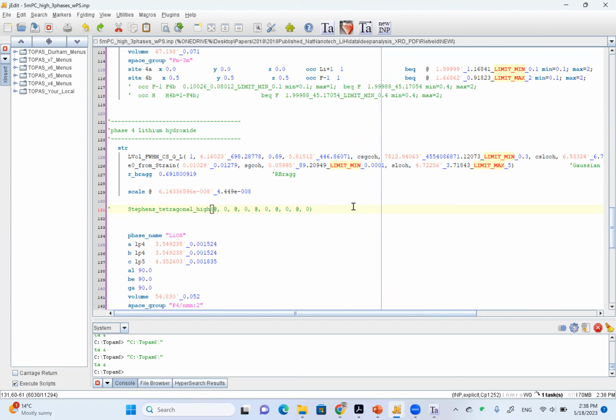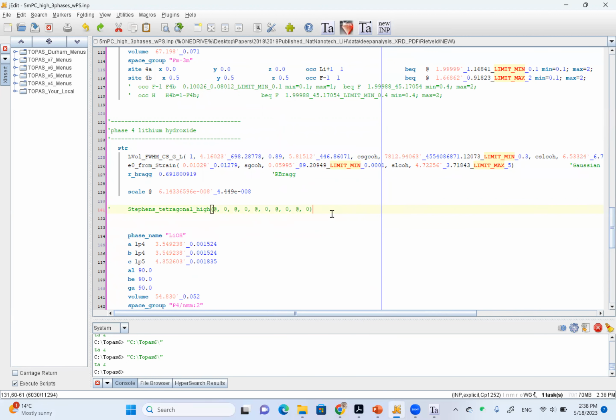And as a Stony Brook student, you should be proud of this profile function because it's written by Stony Brook professor Peter Stephens from the physics department. He's very dedicated to the diffraction community. So the whole profile function for all the space groups was written by Peter Stephens, and his function turned out to be very useful, very flexible, and is very well received in the diffraction community. And that's why his function actually goes into the TOPAS software.